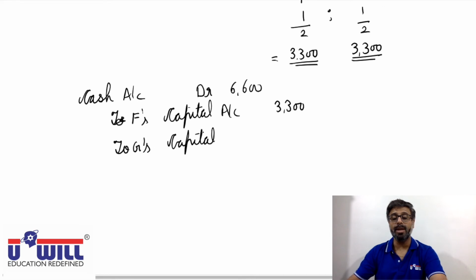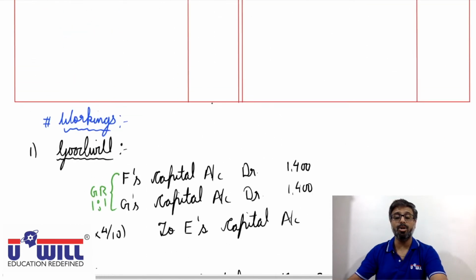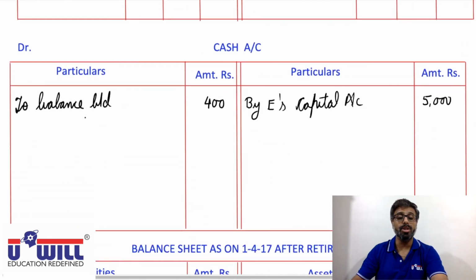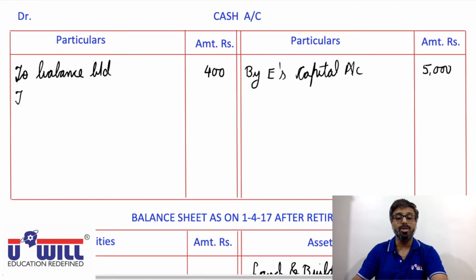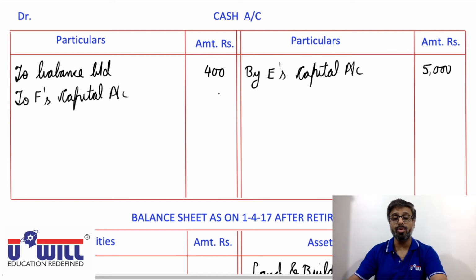Did all of you understand this? So cash account debit means in cash account on debit side, both the opposite accounts: F's capital account, he is bringing 3,300, and also G's capital account, he is also bringing 3,300.